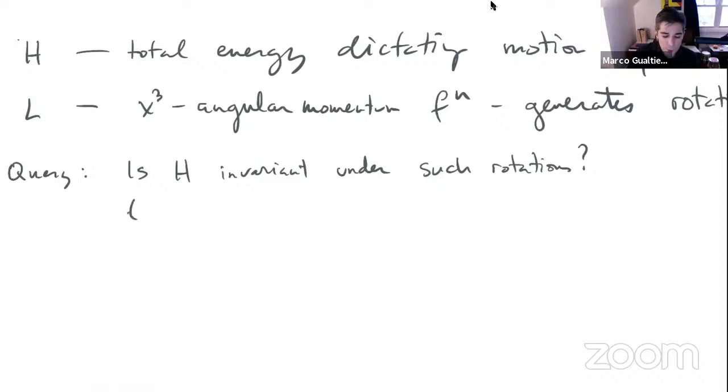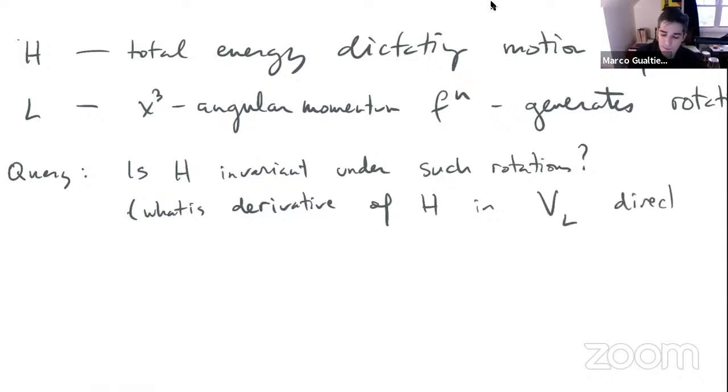In other words, what is the derivative of H in the VL direction? This function L determines a vector field, right? And if I want to prove that this motion is a symmetry of the system, what I really want to check is that the energy is unchanged in this direction.